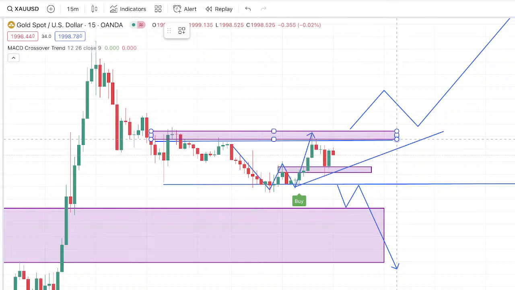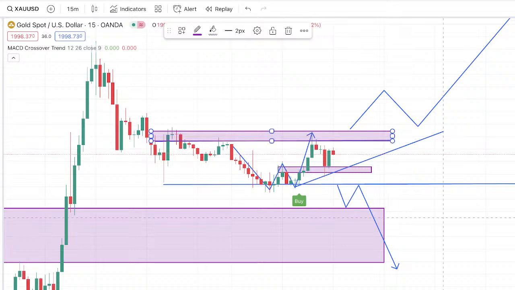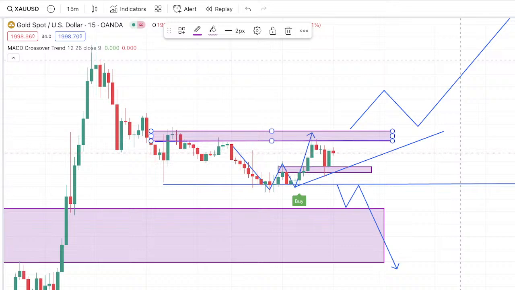So if we break out of this zone that the market is ranging in, we're going to have either a good trade down here or a continuation to the upside in alignment with the trend. But remember, we're going to pay close attention to the cuts on the MACD indicator.